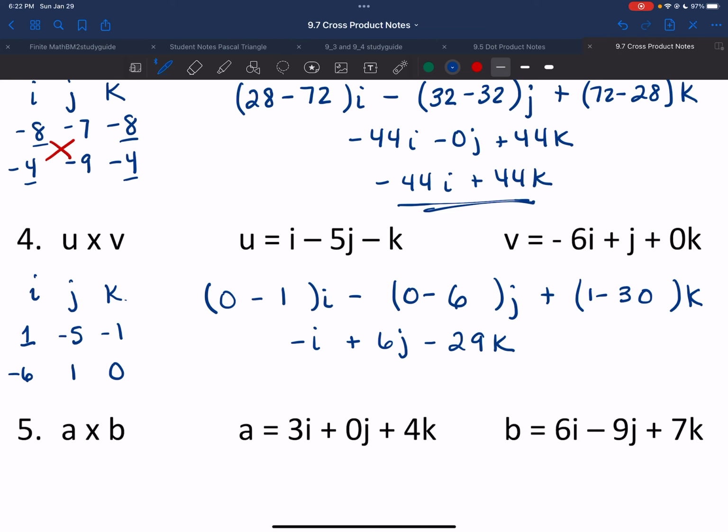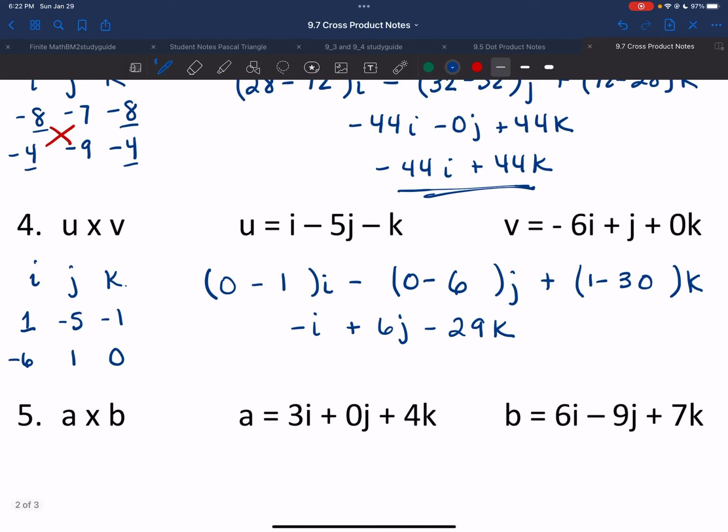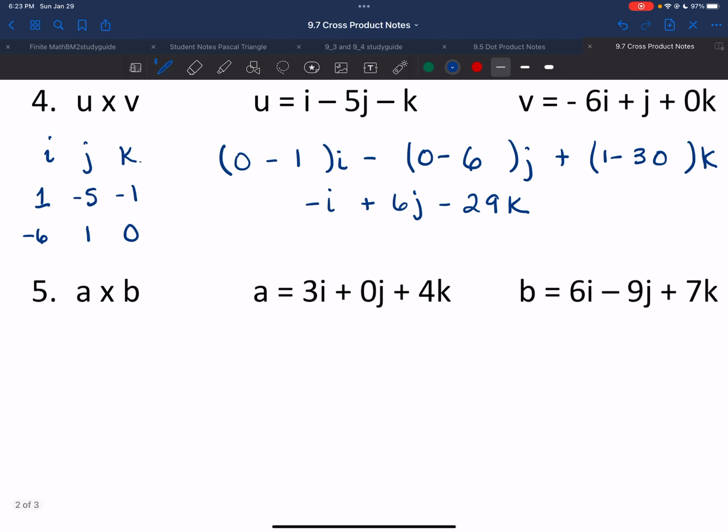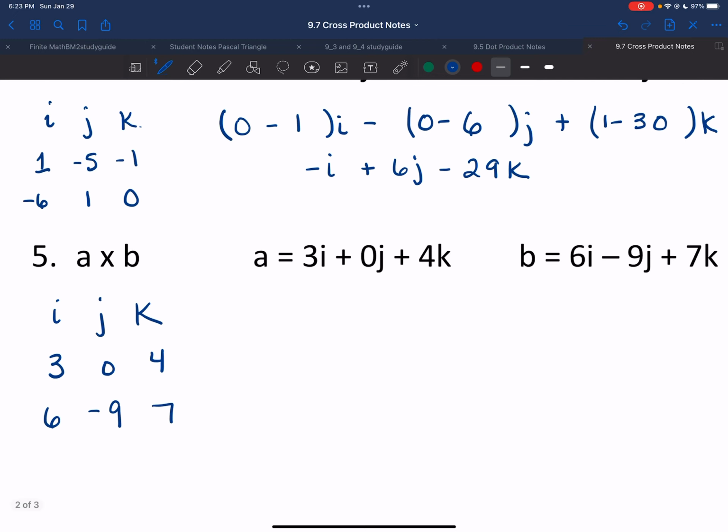All right. And then real quickly, we will find the last one. So i, j, k, 3, 0, 4, 6, negative 9, and 7. All right, get my framework. Minus j plus k.